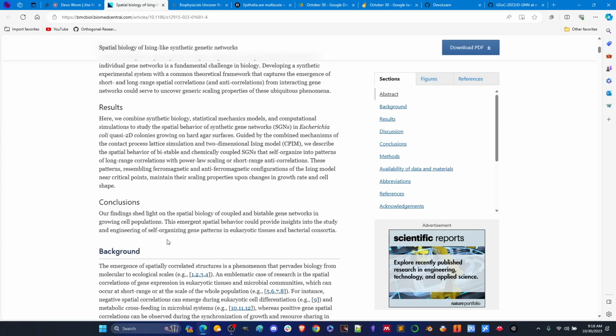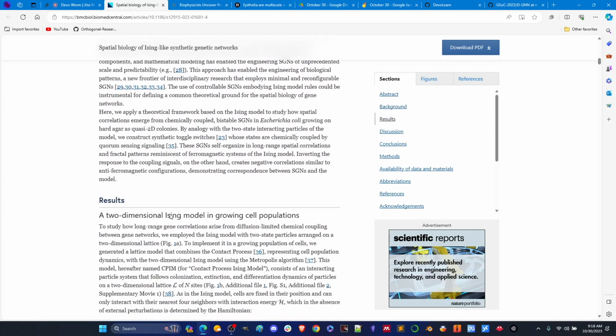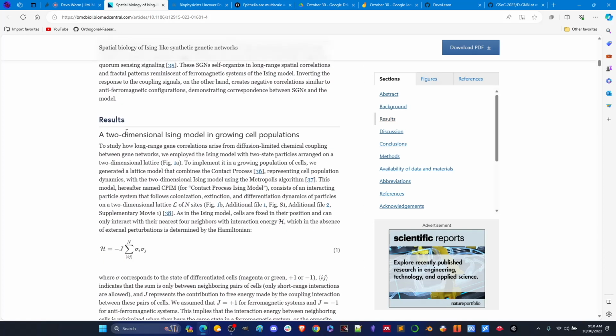And so that's what they're doing here. And then they kind of go through, they talk about their two-dimensional Ising model and growing cell populations. They call it the contact process Ising model, which is this specific type of instance of the Ising model.